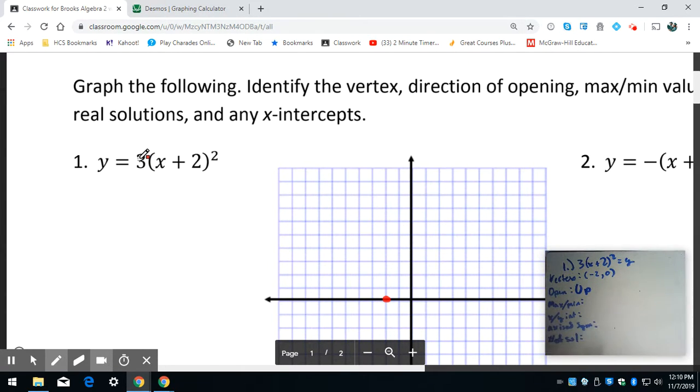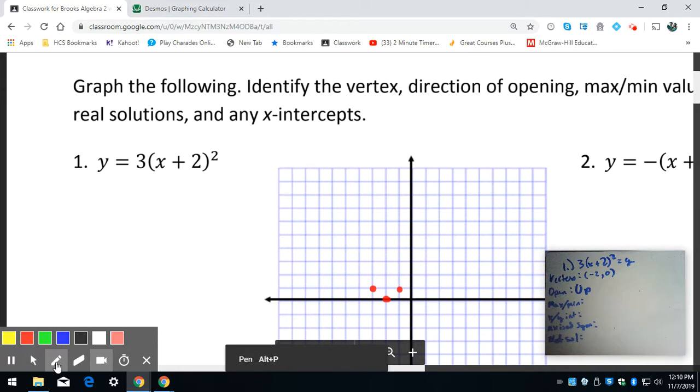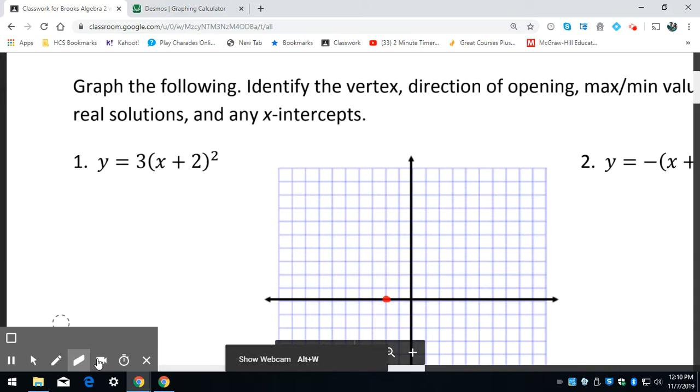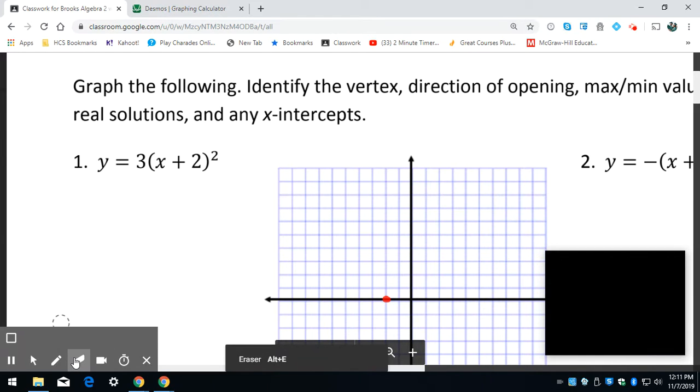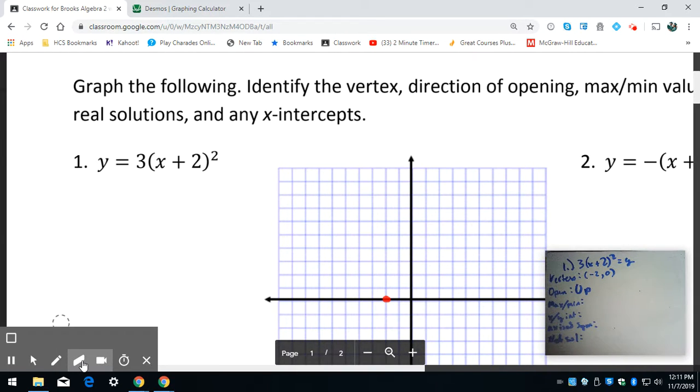And if I go ahead and graph first, and just put my points down here. Remember, oops, I'm getting ahead of myself. Erase that. All right, are we going to vertically stretch or compress? Well, we are going to vertically stretch by a factor of 3.